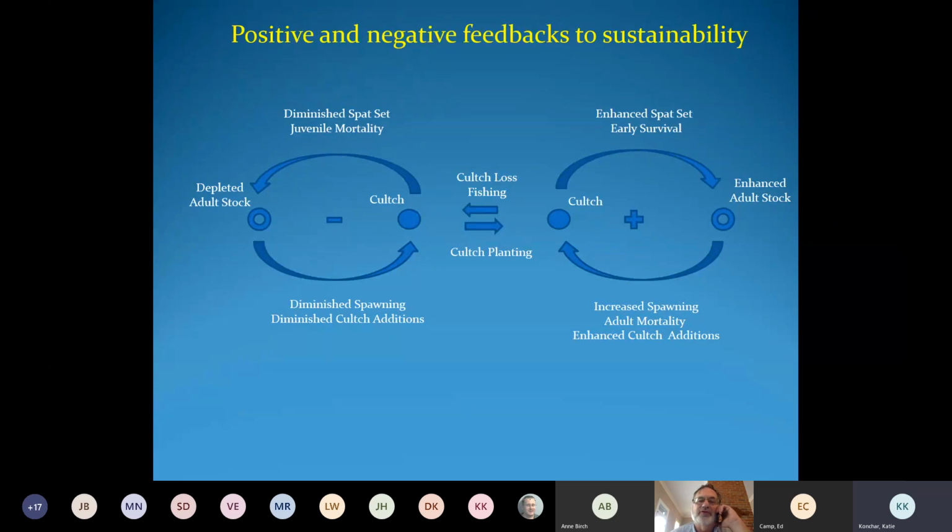Now we're looking at culch on the right-hand side where the positive sign is. So you're enhancing culch. We have more culch now, and this enhances the spat set. It results in early survival of oysters so that they grow to an adult size to enhance the adult stock.